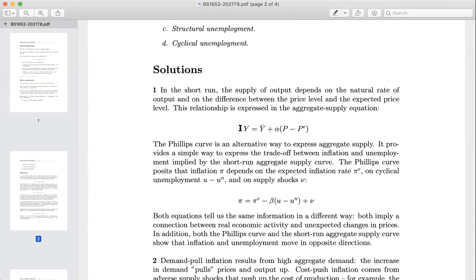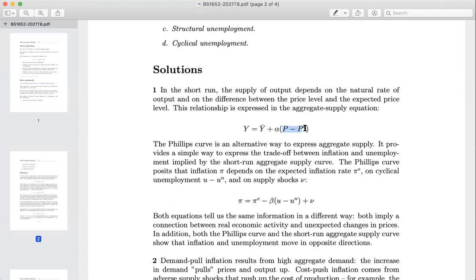Okay, so in terms of the first question, we already answered that. We know how to derive the Phillips curve from the short-run aggregate supply curve. This equation here is the short-run aggregate supply curve. It tells us that output depends on the full employment output level and the unexpected price changes, the deviation of prices from their expected level.